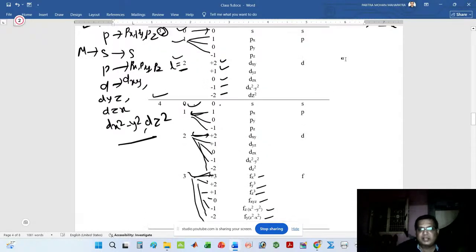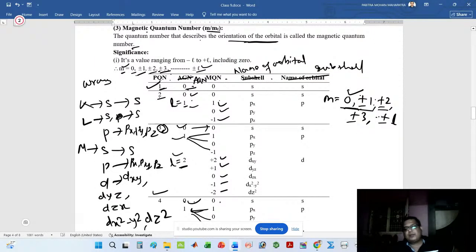Let me explain here. Look at that. If I take L is equal to 0, then only 0. If I want to take L is equal to 1, then I can take 0, plus or minus 1. From the starting up to the last L value. Similarly, if you take L is equal to 2, this is your plus or minus 2.